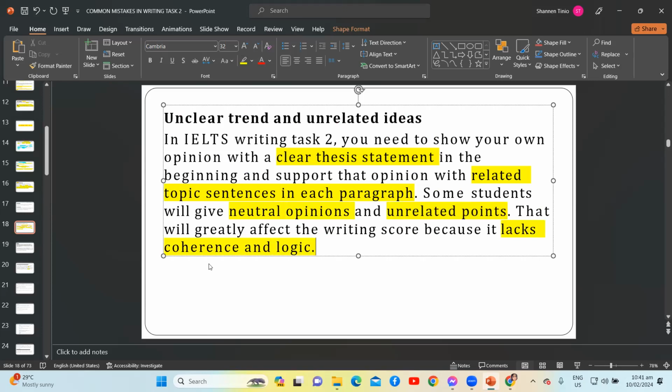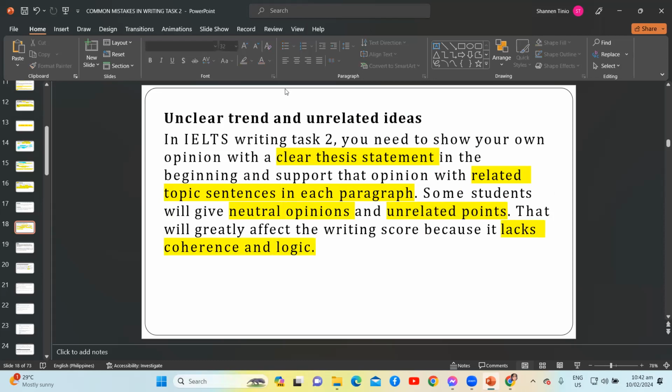Kagaya ng mga sinasabi ko kanina, like yung mga situationships, MUs, malabong ugnayan. Those are not gonna work out. Those kinds of relationships are not gonna work out because if you want a relationship to work out, you have to be communicative. You have to be consistent. Right? Hindi dapat neutral. Dapat meron kang piliin. That's what I'm talking about. Okay. Make sure to avoid unclear and unrelated ideas.